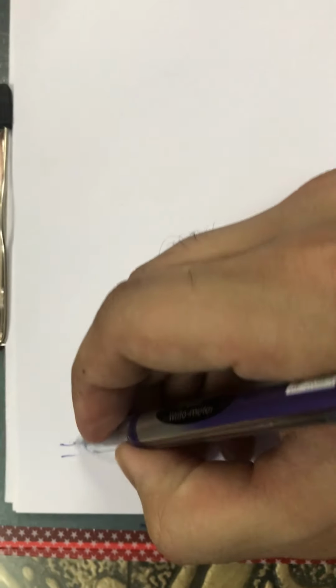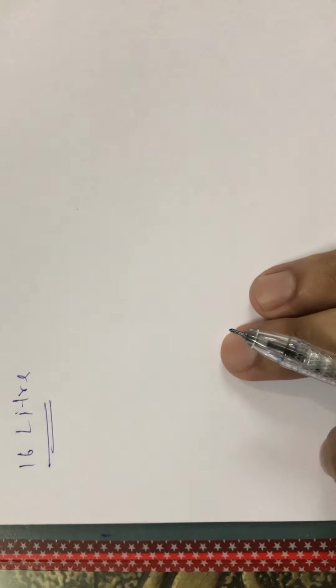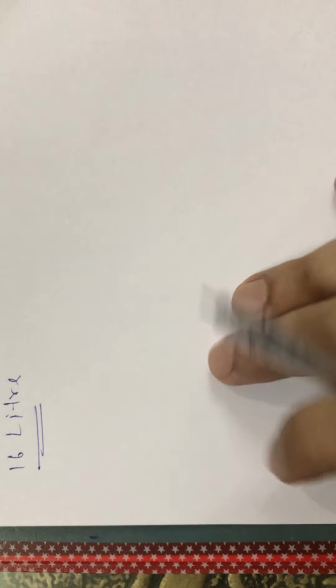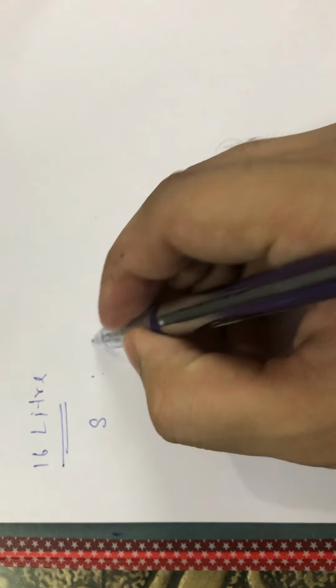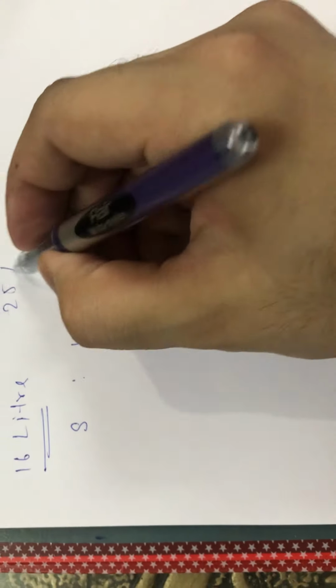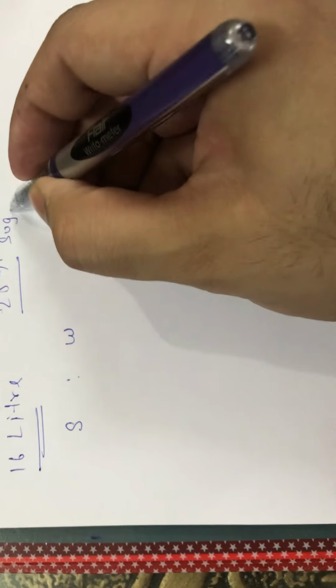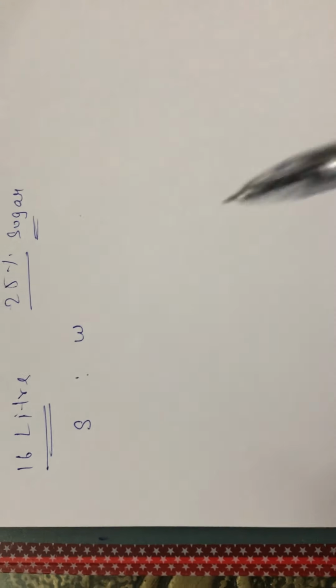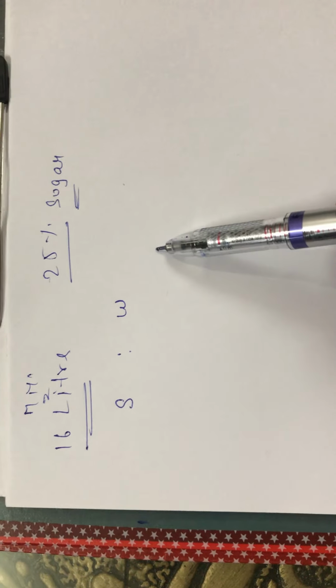Suppose I have a question: there is a 16-liter mixture having sugar and water. It contains 25% sugar. Again I am repeating, there is a 16-liter total mixture having sugar and water.